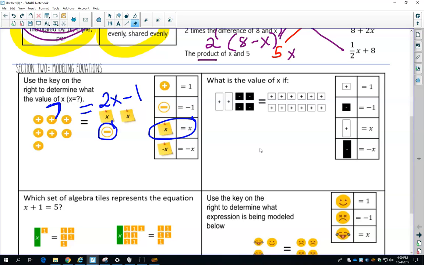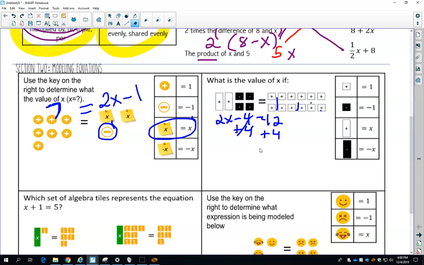The next one, we're actually going to find the value of x. So for this, we're going to write our equation, 2x, and those are negatives, so it's -4. And then we're going to count these out, 2, 4, 6, 8, 10, 12. We're going to add 4 to both sides. That cancels out.